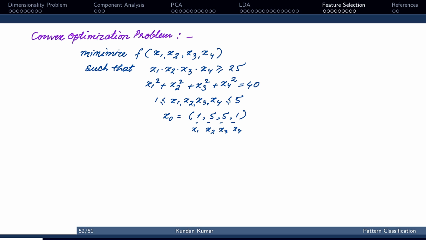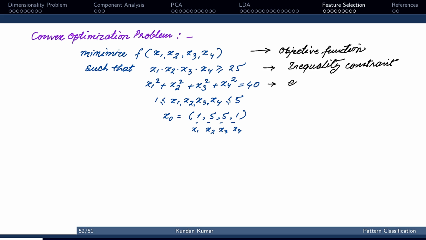So in this optimization problem, this is called the objective function. This is called the inequality constraint.